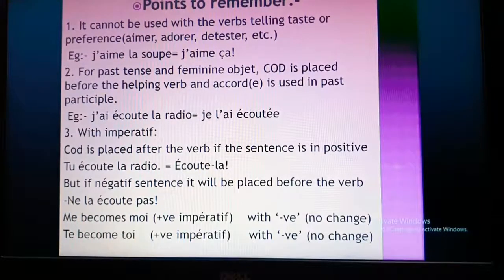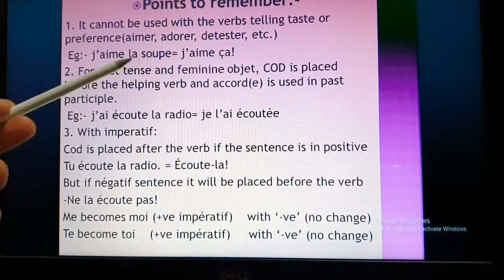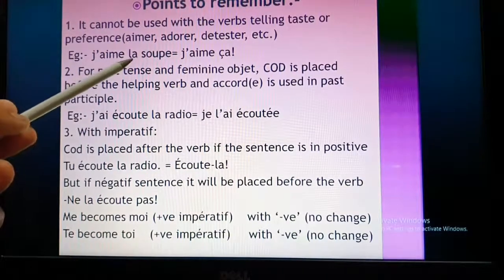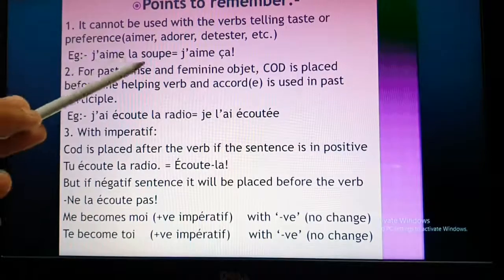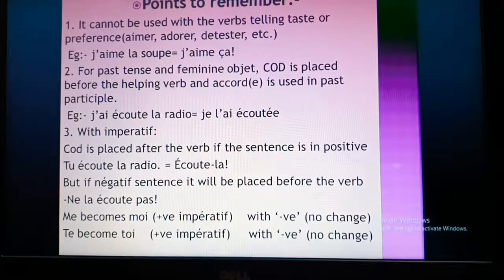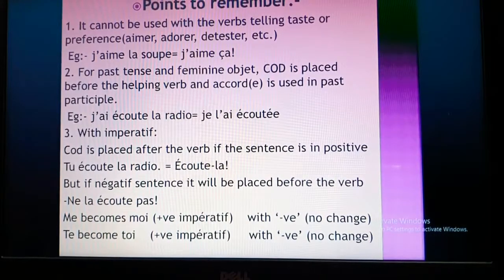So j'aime la soupe. Soup is an object. You might be thinking that we can replace it by la, but this will be replaced by ça, that is it. J'aime ça! I like it, with an exclamation mark. So the sentence becomes an exclamation.